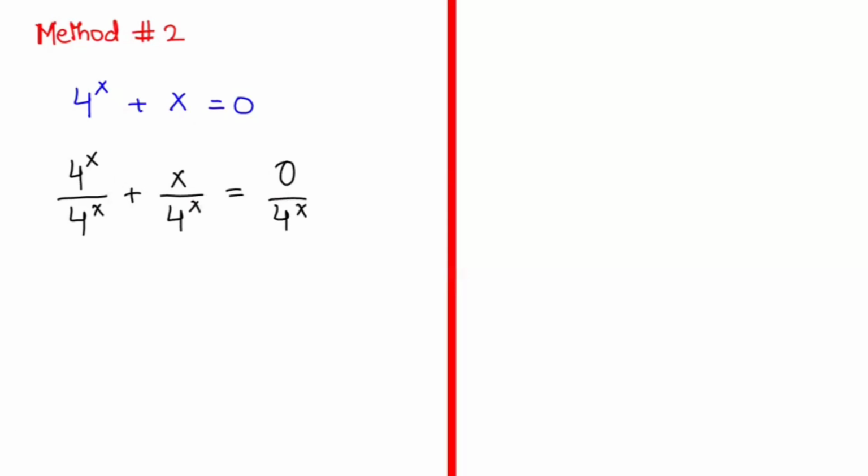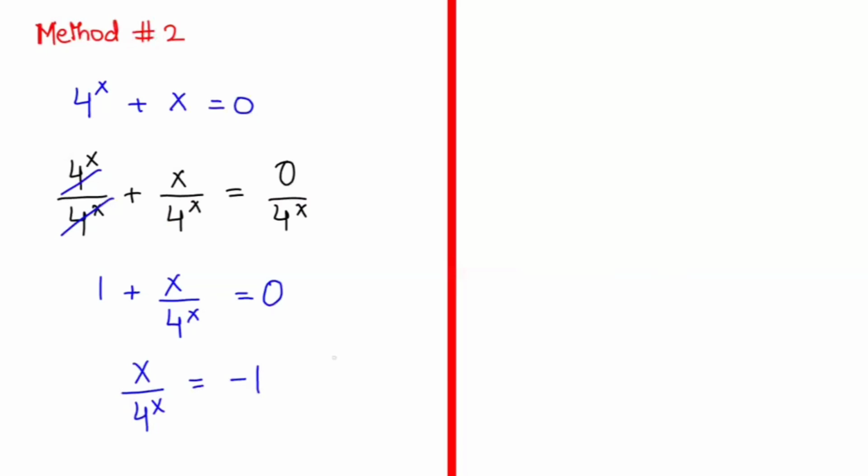Now this and this get cancelled. So I get 1 plus x over 4 to the power of x, and here 0. Next, I will take this positive 1 to the right hand side. So x over 4 to the power of x is equal to negative 1.